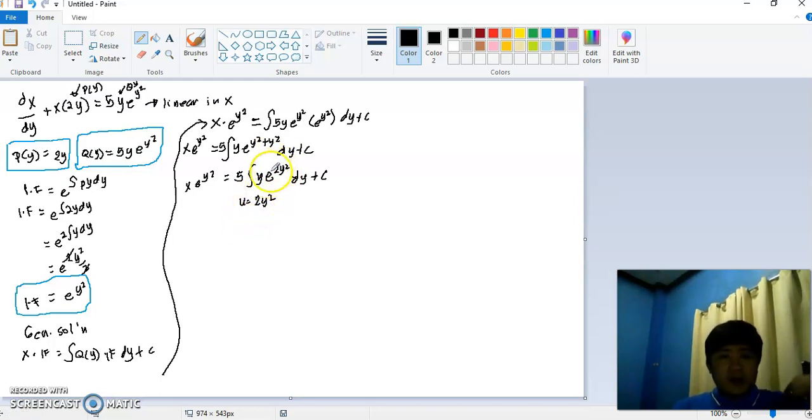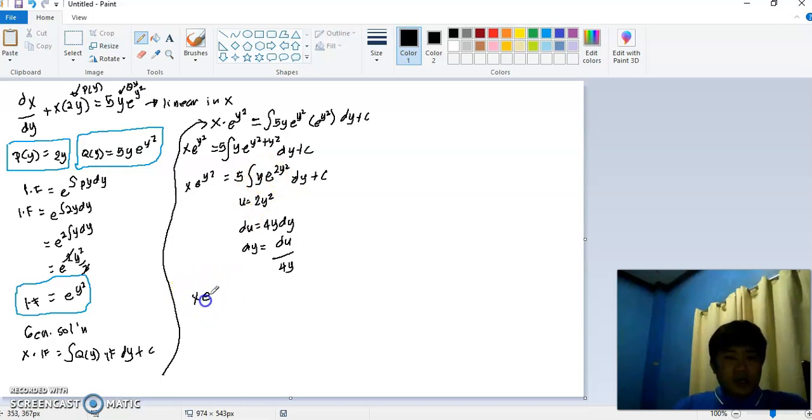Then your du is 2 times 2, that is 4y dy. So your dy will just be equal to du over 4y. Now we just substitute it here.